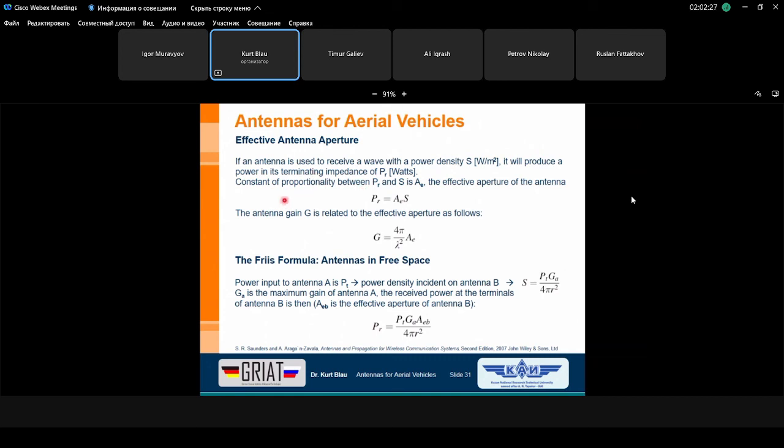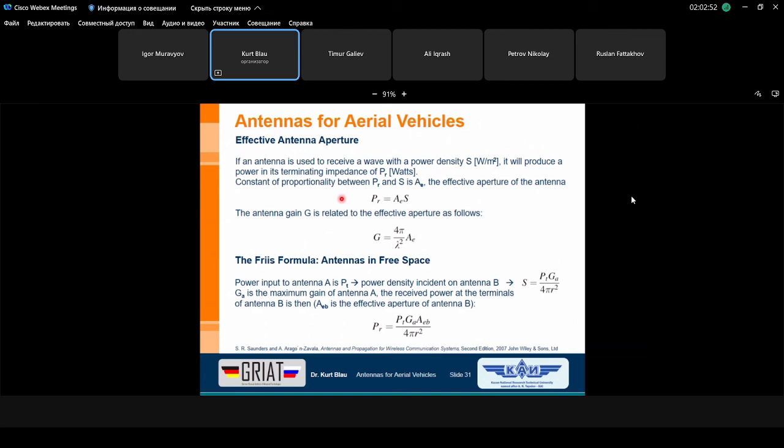And then in the next step, we discuss the gain, meaning how strongly the antenna can concentrate the received electromagnetic field into, for instance, a small receiving angle or a small half power beam width.